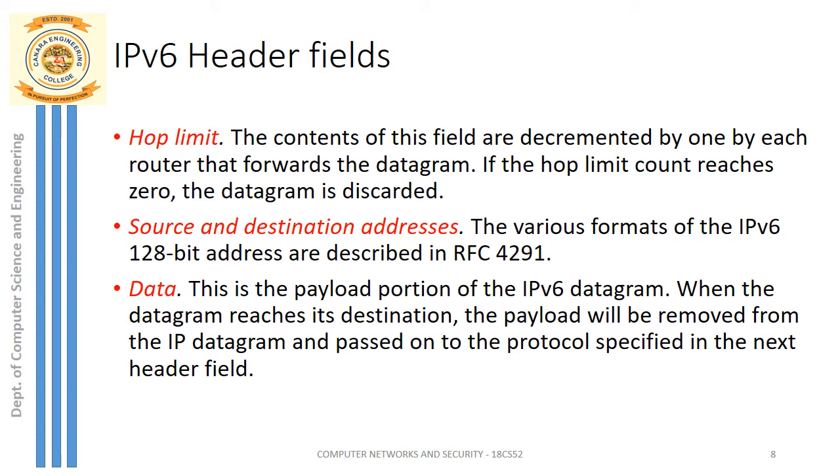When the datagram reaches its destination, the payload will be removed from the IP datagram and passed on to the protocol specified in the next header field. We can also include a larger amount of data in IPv6. Data above some threshold is called a jumbo payload.